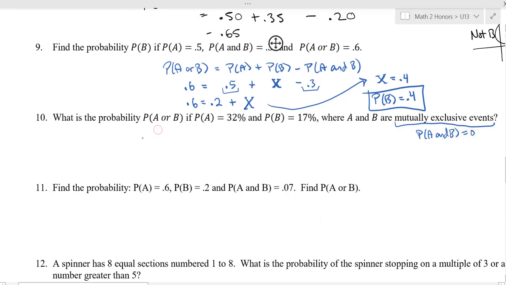So the formula is the probability of A plus the probability of B. That's the probability of A or B when we have mutually exclusive events. So A is 0.32, I just changed the percent to a decimal, B is 0.17, and we end up with 0.49. Or you could say 49%, that's fine.